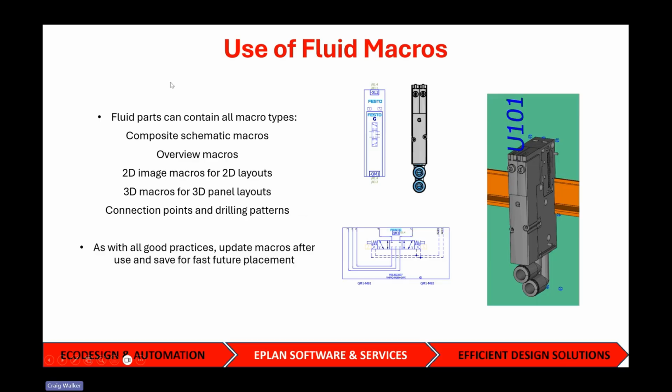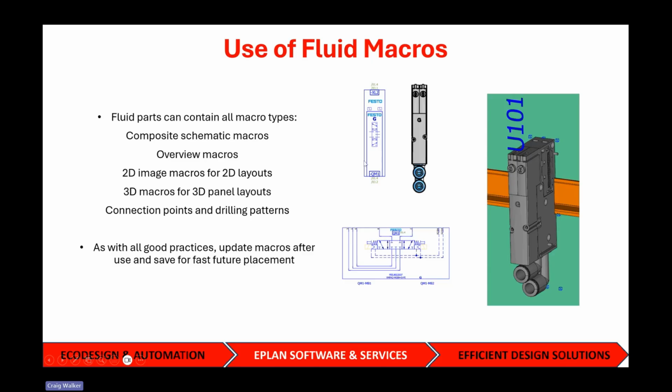So talking about use of fluid macros, as I mentioned, fluid devices can come with any kind of macro similar to electrical devices. There's overview macros, and we can see up here there's one valve bank card or one valve for a valve bank, and you can see it's got a backing system as well as the valve itself sits on the front.